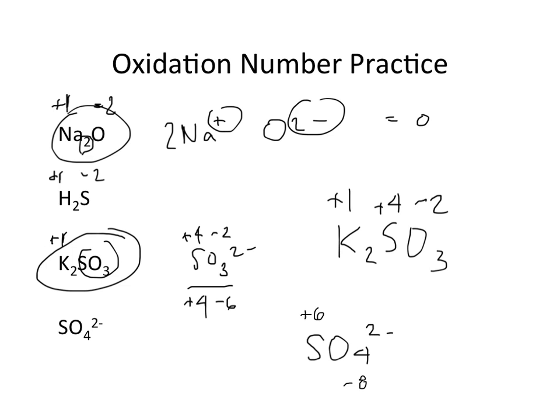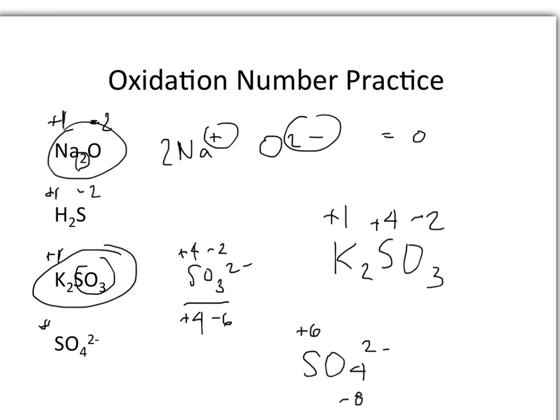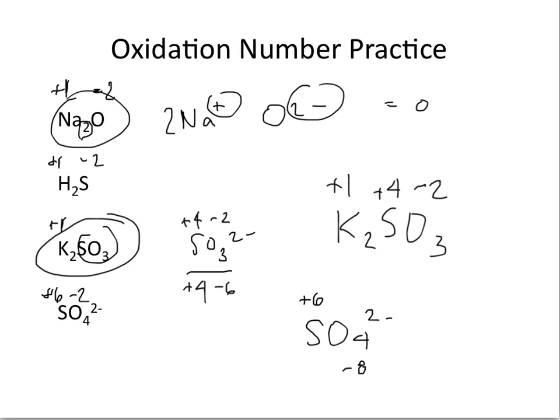So in terms of assigning oxidation numbers, we're going to have +6 for our sulfur and -2 for our oxygen. And the sum of those with respect to the individual atoms present gives you an overall oxidation number that is a -2.